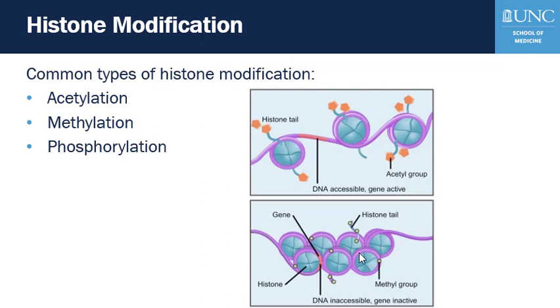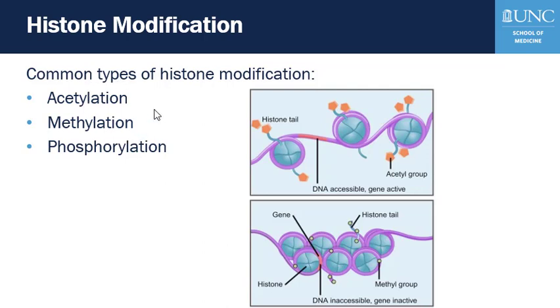And it does this in part by affecting recruitment of other proteins to interact with the chromatin, but depending on the exact location where the methyl group is added and the number of methyl groups that are added, it's also possible for methylation to activate transcription. And then finally, there's histone phosphorylation, which is known to be involved in DNA damage repair and is important for chromosome condensation just before cell division.